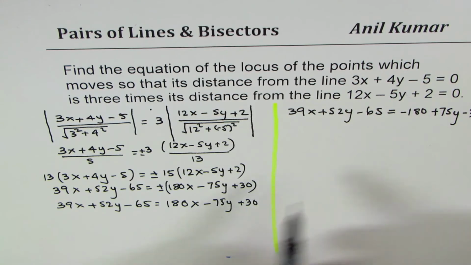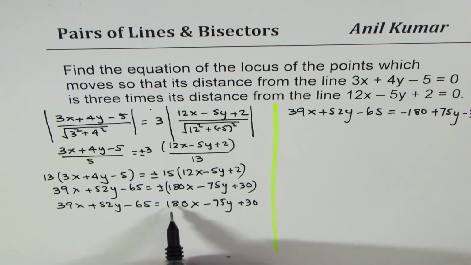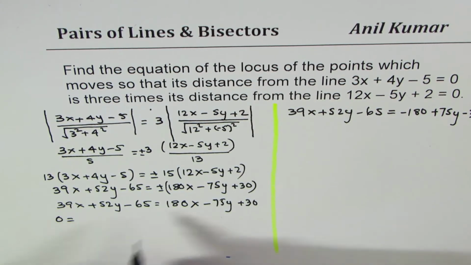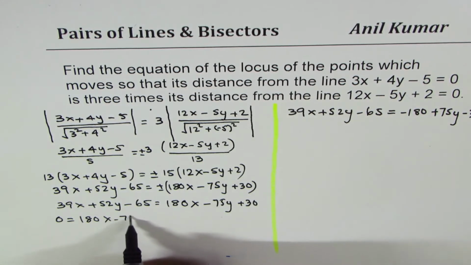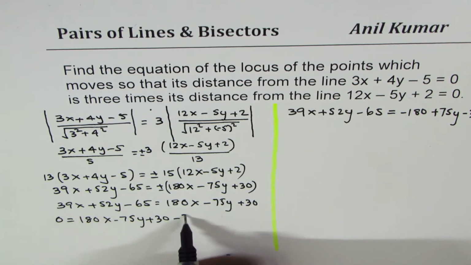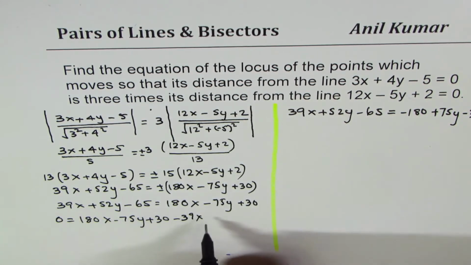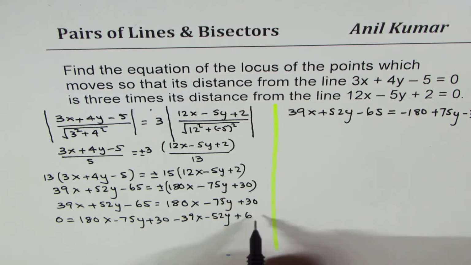Okay, let's solve them separately to get both the equations, right? So we could write 0 equals 180x minus 75y plus 30, let me take this on the right side, take away 39x minus 52y plus 65, right?